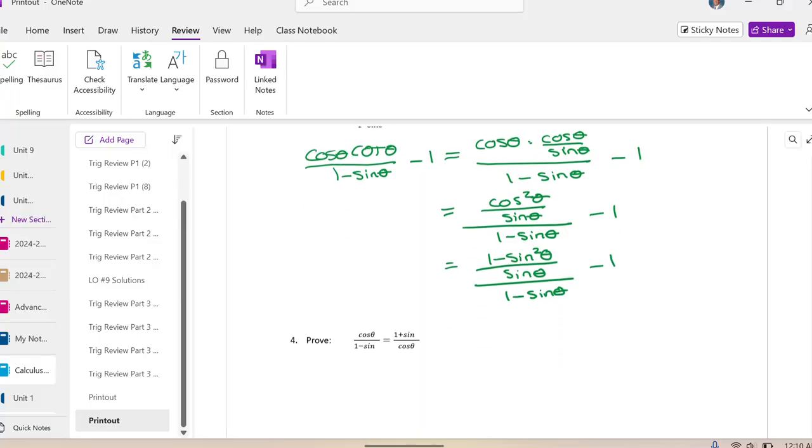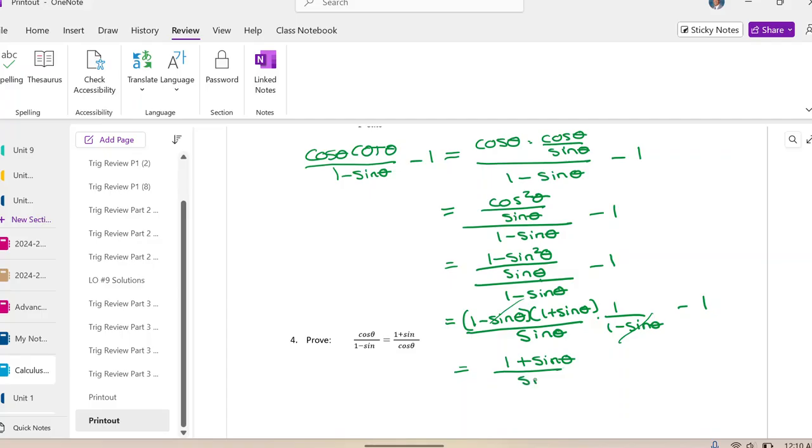And then if you factor this, 1 minus sine squared is the difference of two squares. And when you divide fractions, you multiply by the reciprocal. So you're going to times it by 1 over 1 minus sine. So that, notice, these will cancel. So you're left with 1 plus sine theta over sine theta minus 1.